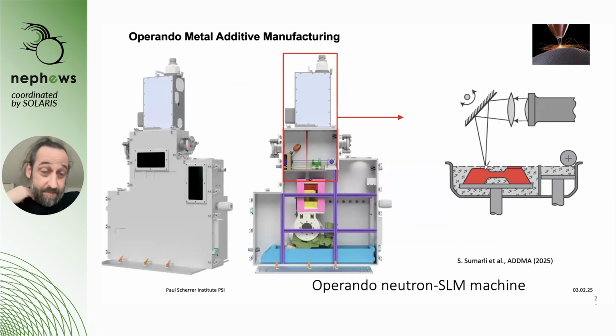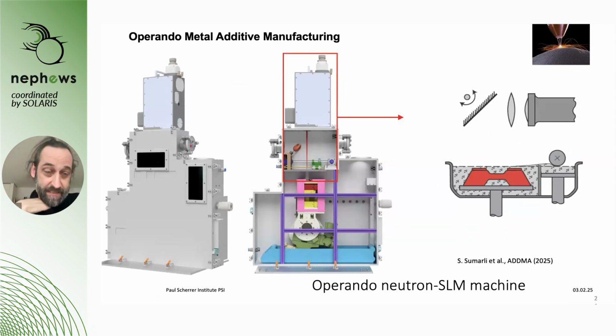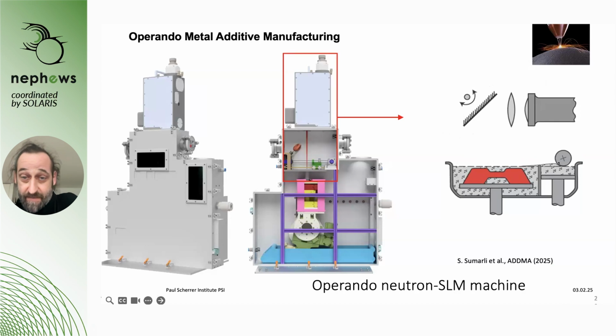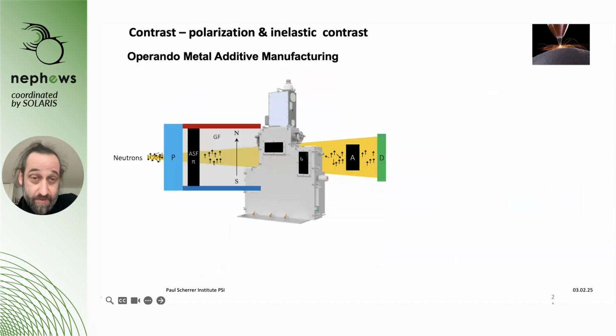So this is the printer that I mentioned that we have built in a PhD project for diffraction and imaging work. On top you have the laser, and the laser can scan the sample. Then we have a recoater, this green part here, which distributes powder, and then we do the process. And then we put this machine in our BOA beamline where we have a polarized beam.